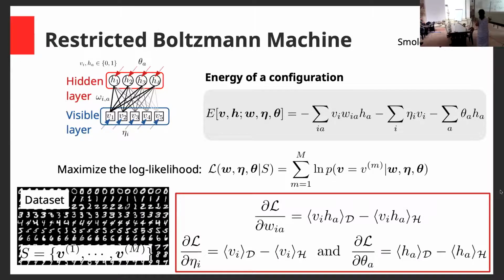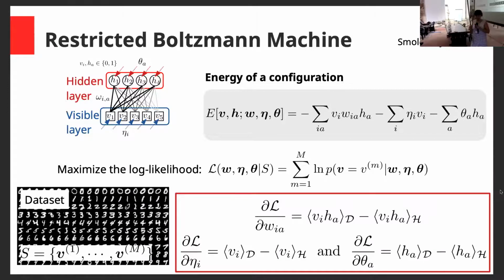We have the positive part, with the average of certain observables over the data set. This is easy to compute. And we have the second part, the negative one, in which we have to compute the same observable, but averaged on the Boltzmann measure of this model, which is going to change in time.